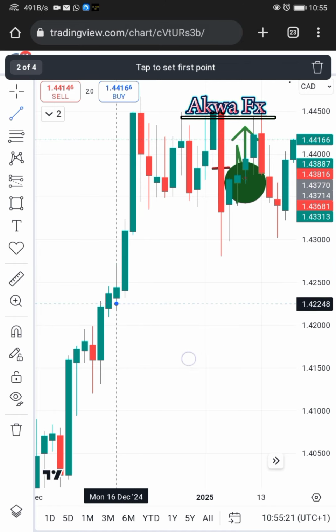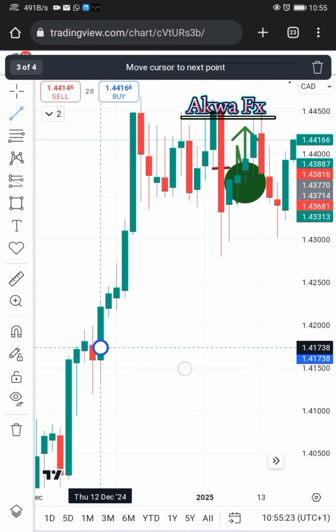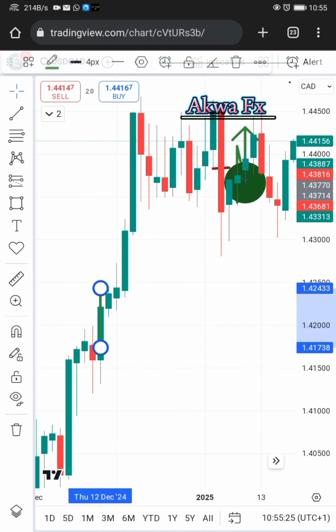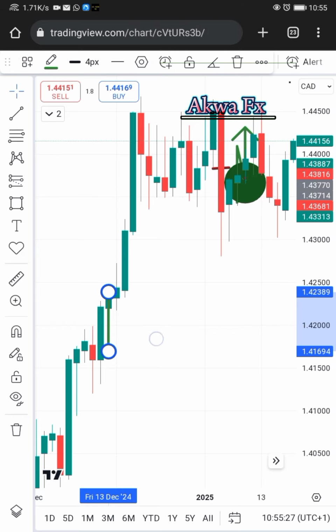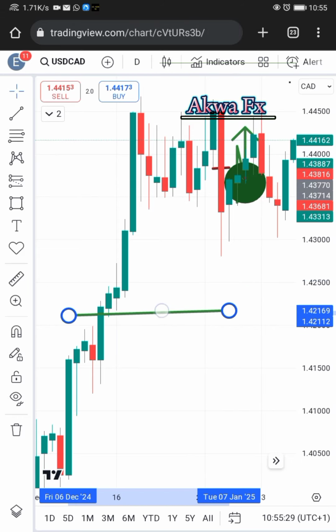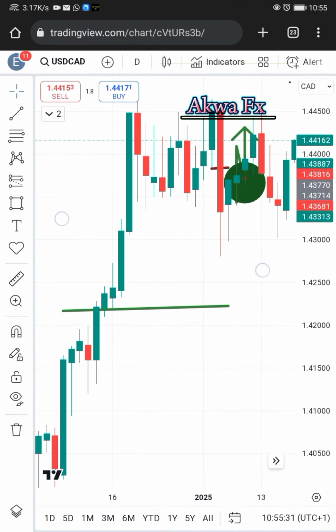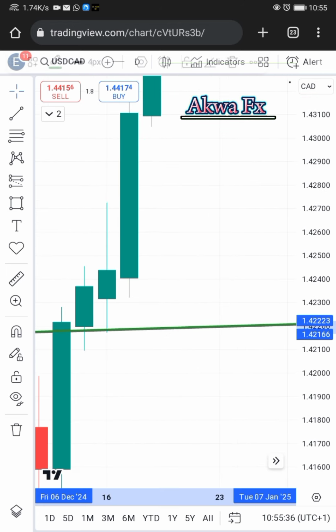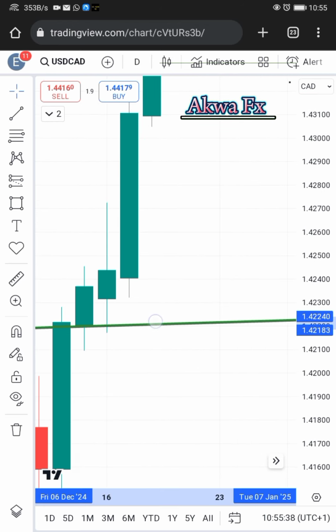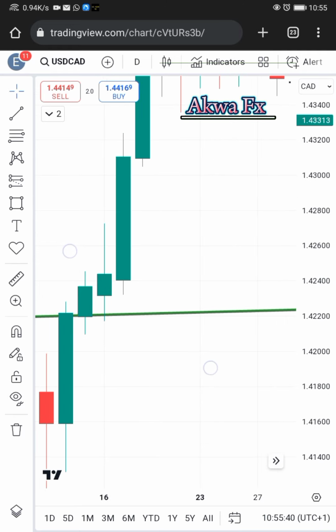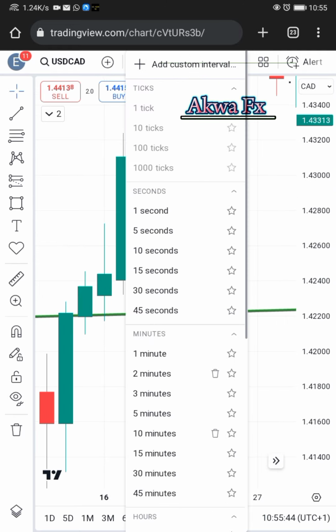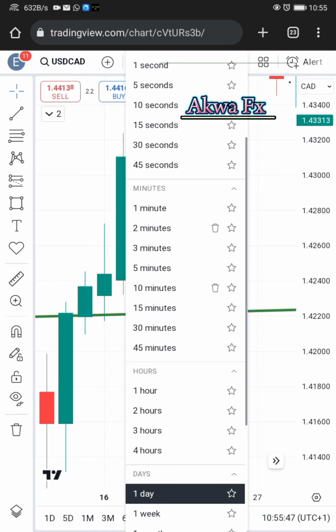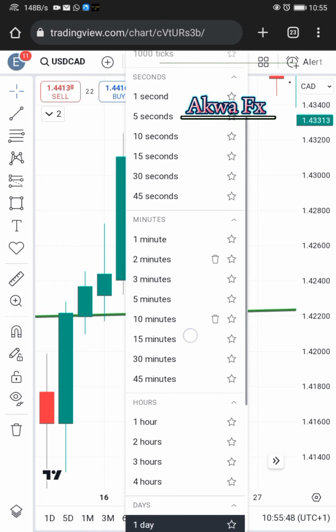So I'm going to mark this candle here. This day it closes bullish, and this very day it closes bullish. So on the following day's open, I'm going to mark the wick of this candle. That is the wick. So upon marking the wick, I have to go to my M15 for me to expect a trade from that zone.